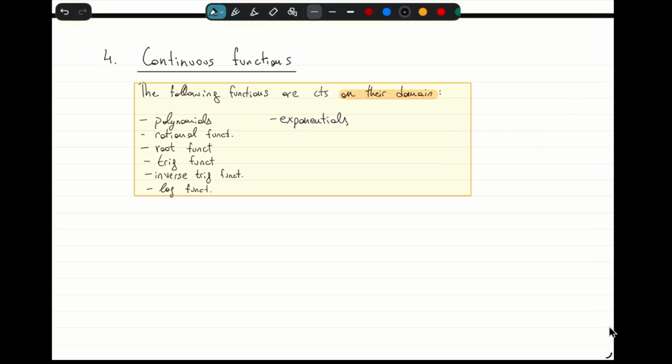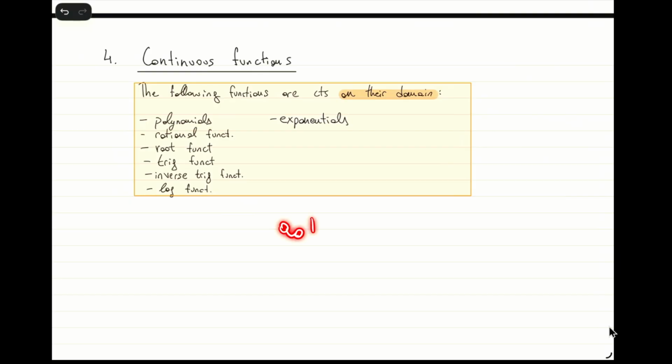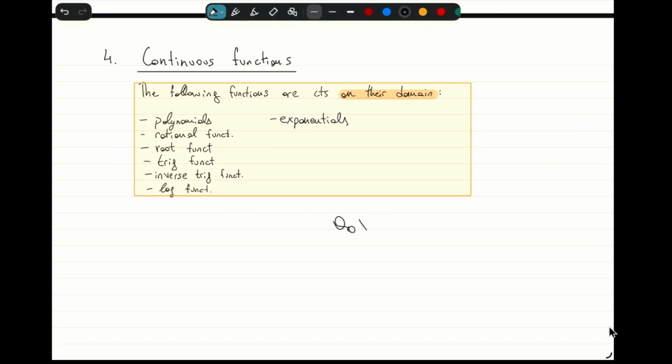So continuous on their domain, we'll have polynomials, so anything of the form, let me write it more generally, a0 x to the 0 plus a1 x to the 1 plus a2 x squared plus dot dot dot up to a n x to the n.